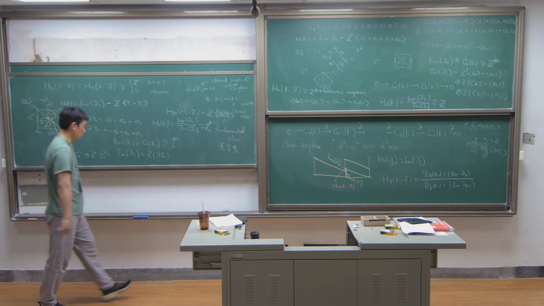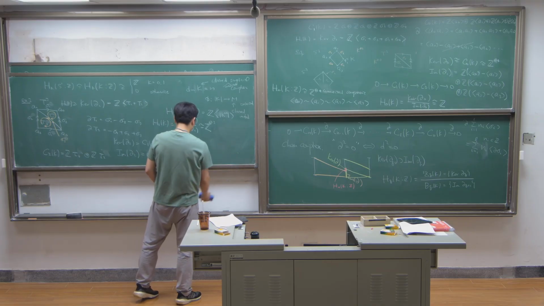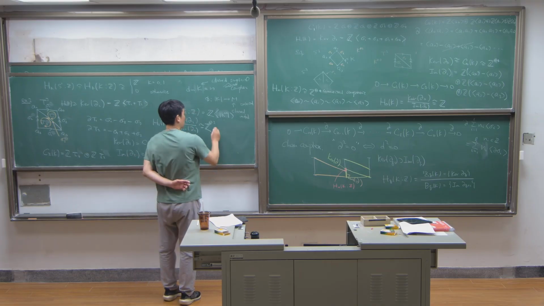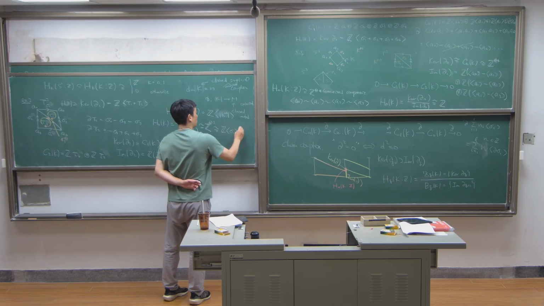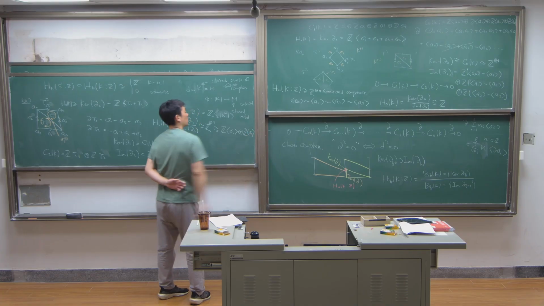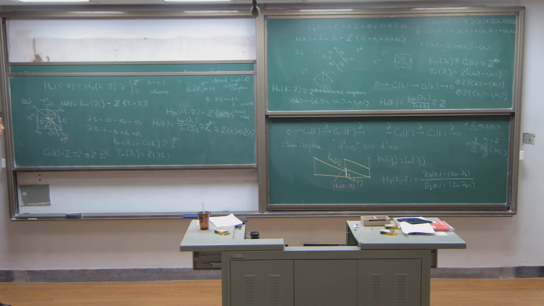If you try to be careful about this, the most natural choice is Z sigma 1 plus Z sigma 2.